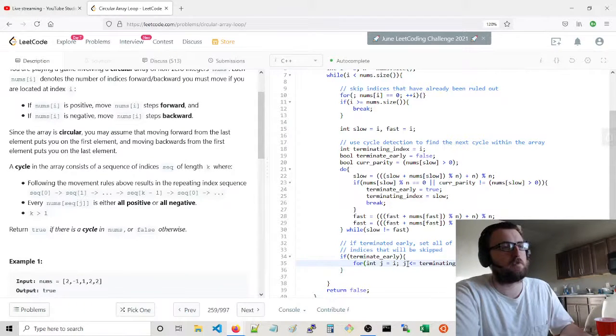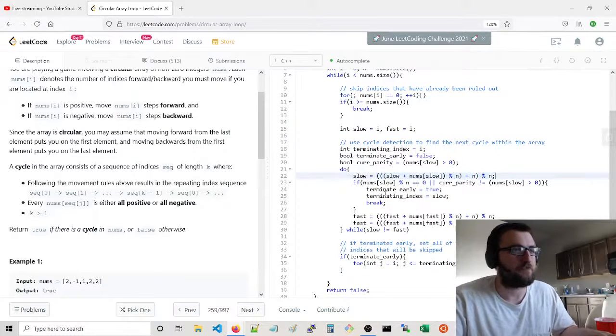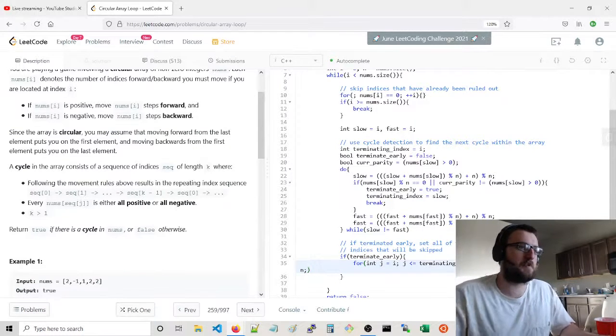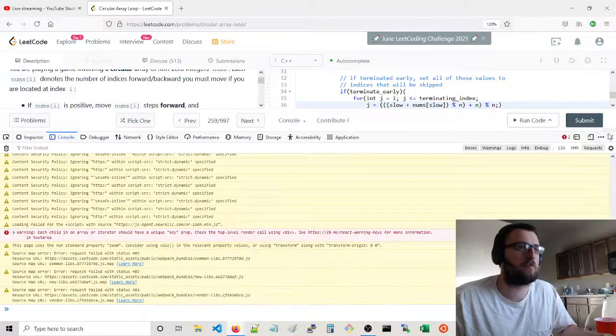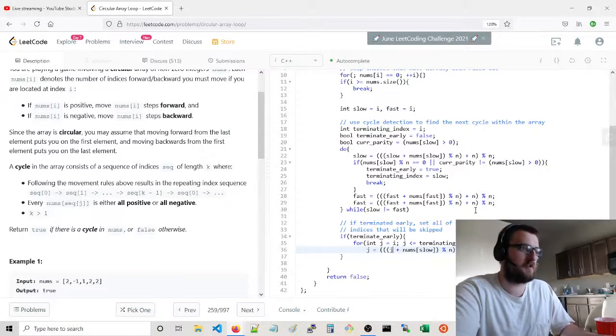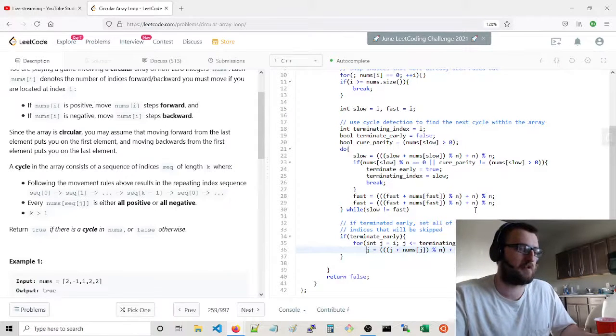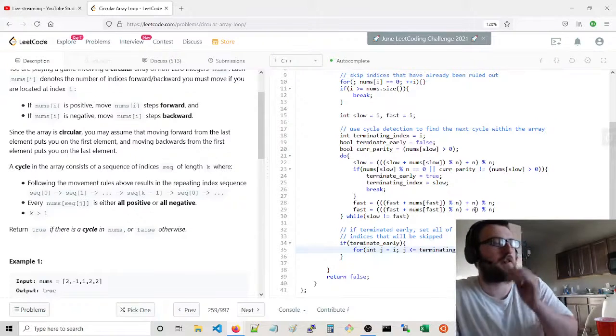j is going to be this operation, except with j. We can maybe just throw that there, I guess. It's going to be j plus nums of j modulo n plus n modulo n. This actually could be on the same line, I think.